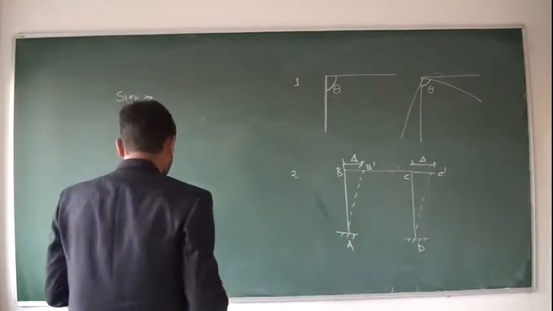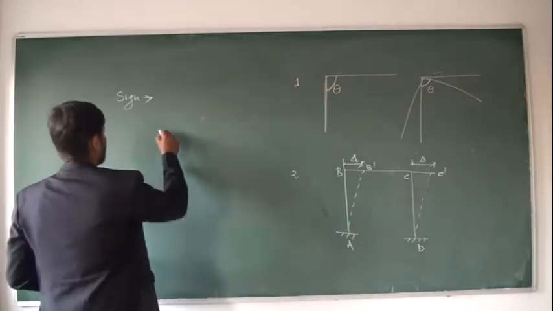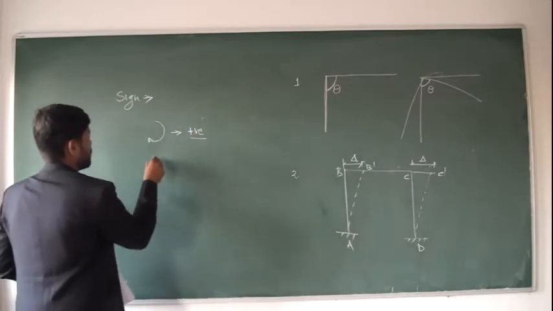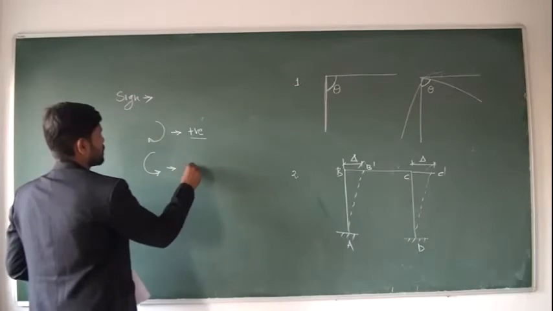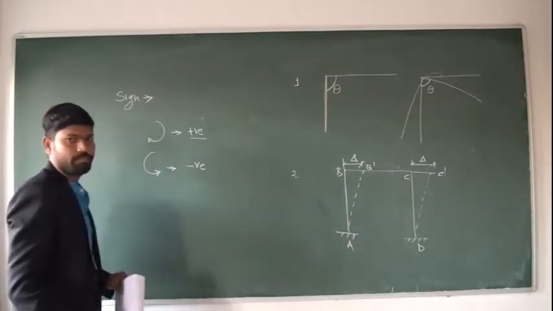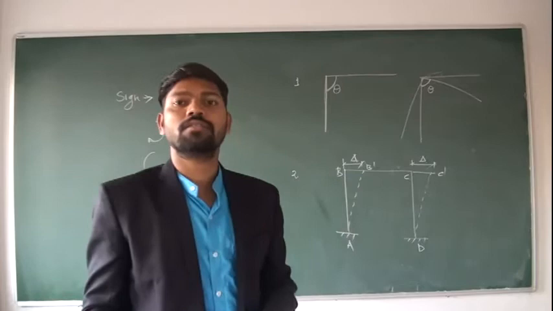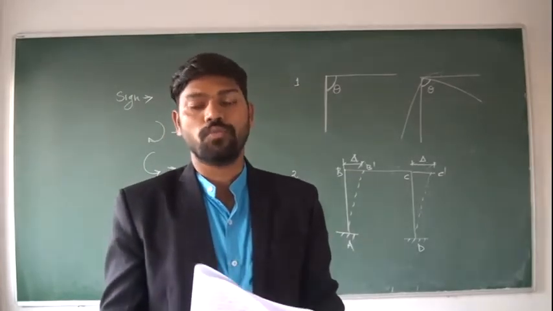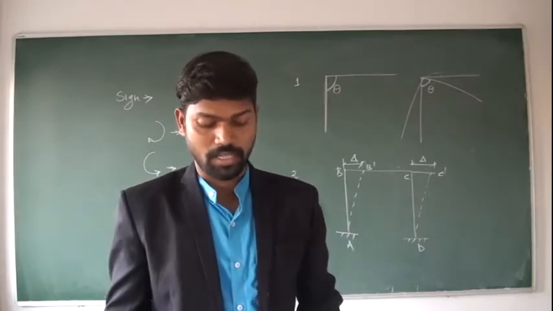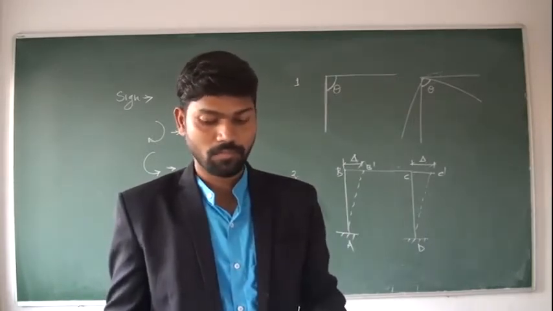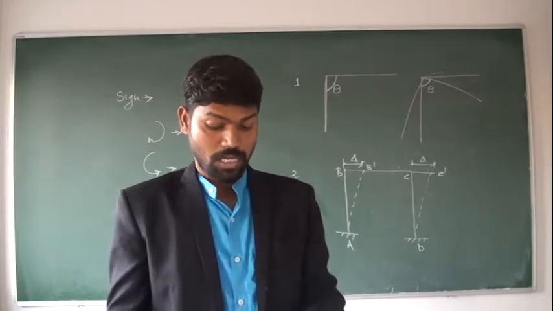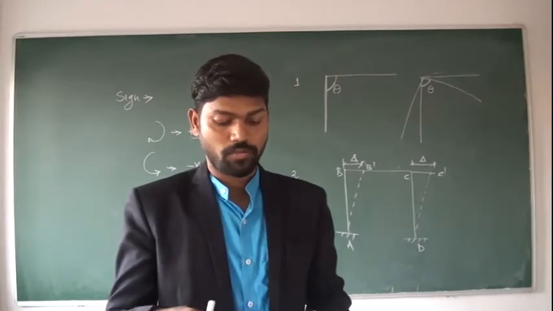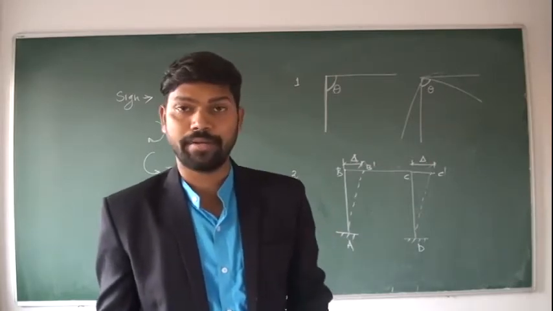If the moment is clockwise, then we will consider it as positive, and if it is anti-clockwise, we will consider it as negative. Now we will see the sign conventions for the settlement and slope.